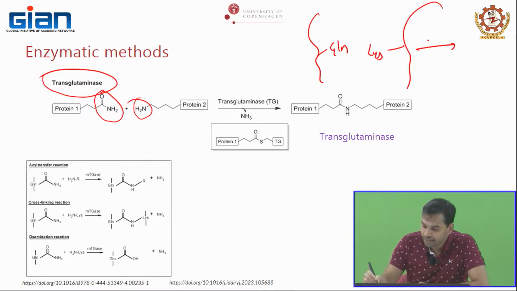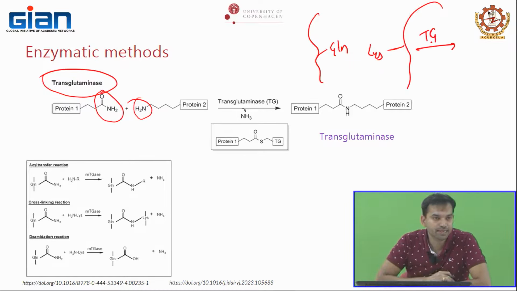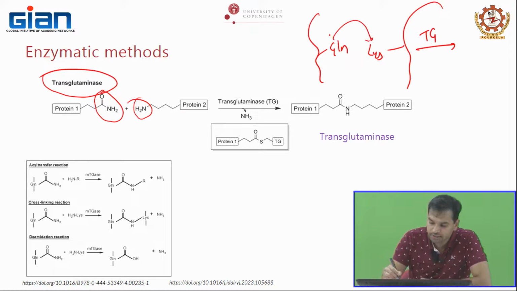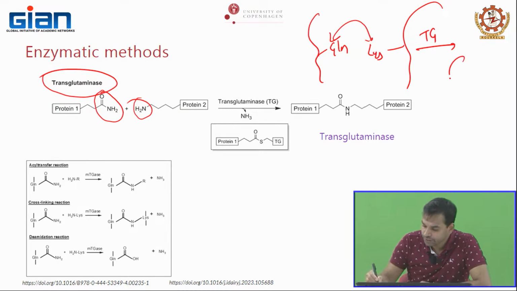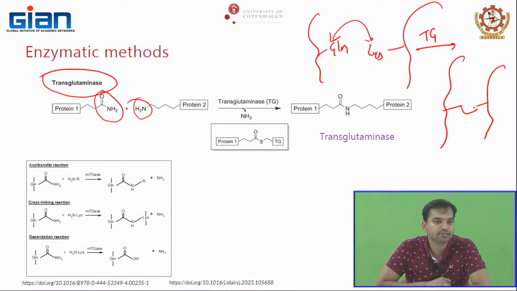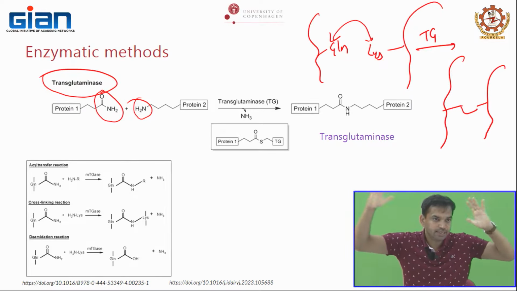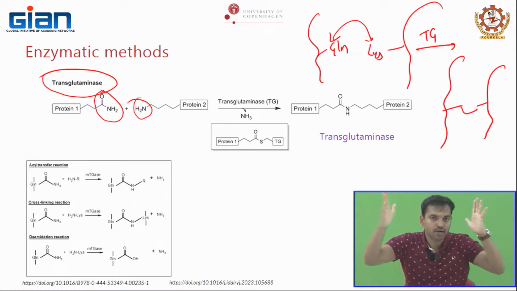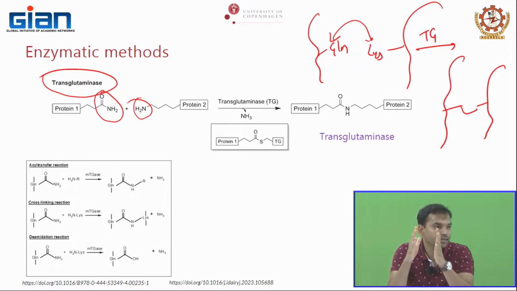Then if you add an enzyme called transglutaminase, it will cross-link these two residues and you get a new protein where two things are cross-linked. Am I clear? Originally they were individual proteins, now you are combining them covalently by adding transglutaminase.